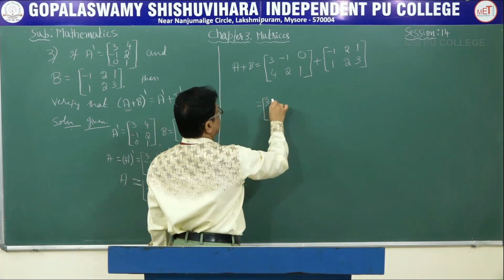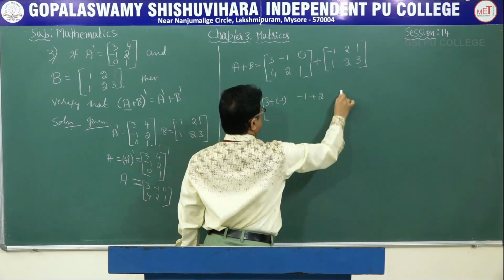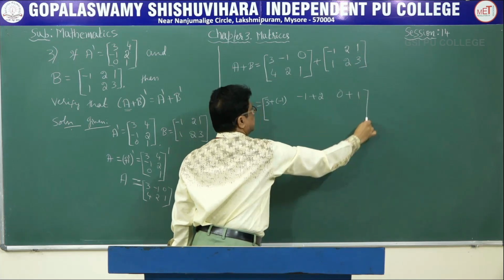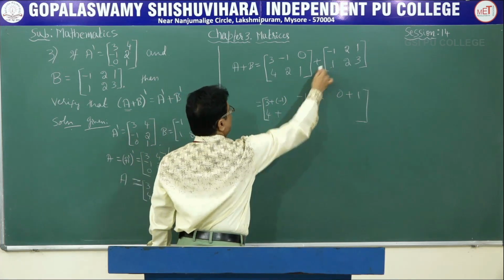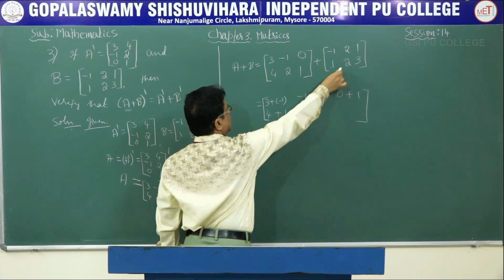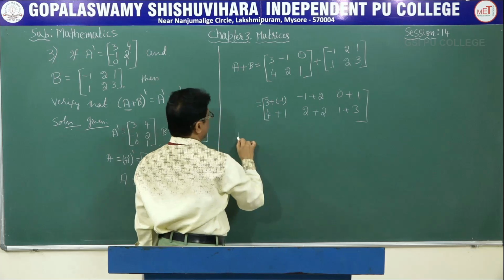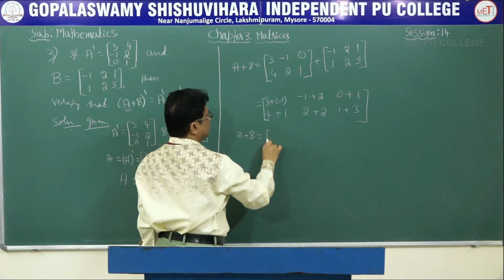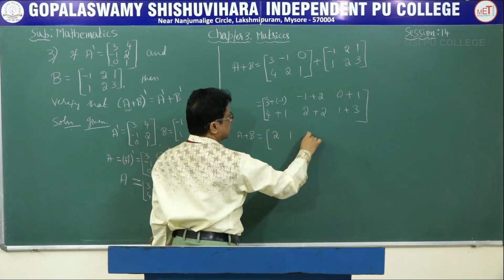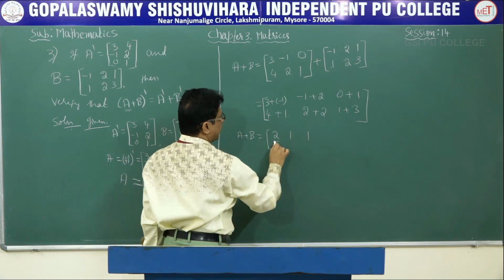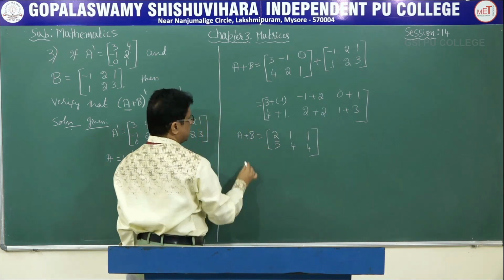So 3 plus minus 1, minus 1 plus 2, 0 plus 1. Next 4 plus 1, 2 plus 2, 1 plus 3. So A plus B will be equal to 2, 1, 1, 5, 4, 4. So this is A plus B.